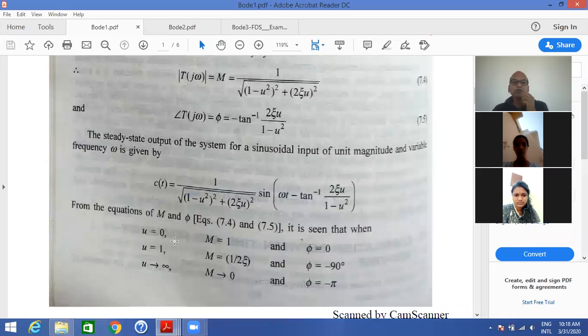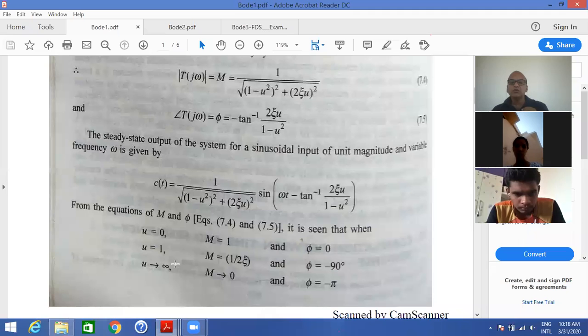Let u equal to 0, and this normalized frequency varies from 0 to plus infinity. When u is equal to 0, magnitude is equal to 1 and phase is equal to 0, that is, put the value u equal to 0 into equation 7.4. Then u equal to 1, again put into equation 7.4. Then u equal to infinity, put into equation 7.4.